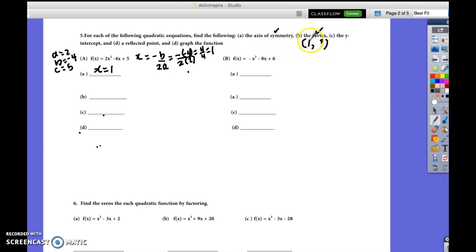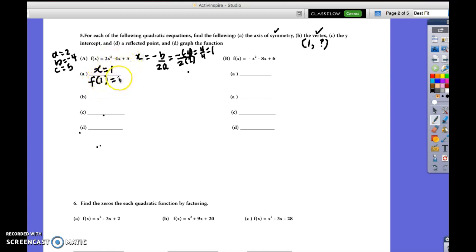Okay, so using the x coordinate, we come to the equation and we plug in the x value into this equation, and that will give us the y value of the vertex. So f of x, you might remember, means y. So whenever I say f of 1, it's going to be the y value when x is 1. And that's what I want to find here.